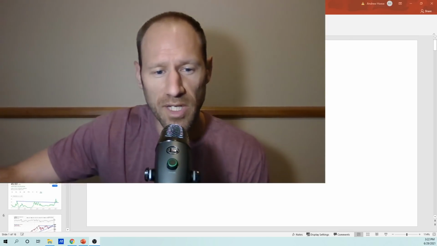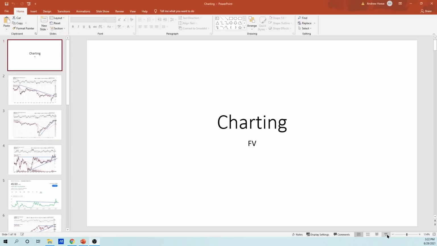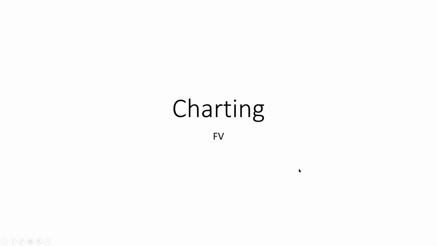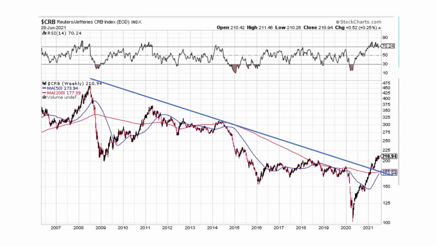So let's jump in here. I'll describe the charts that I'm seeing. This is just a big quote charting out a bunch of different things. Looking at the big picture from 2008, the last top of the bull market, all the way till today, we had a little breakout back test and we're moving on higher. Now, I can't tell you what this looks like going forward from here. I don't know if it's going to come down and go up or if this thing's just going to continue to rocket higher.